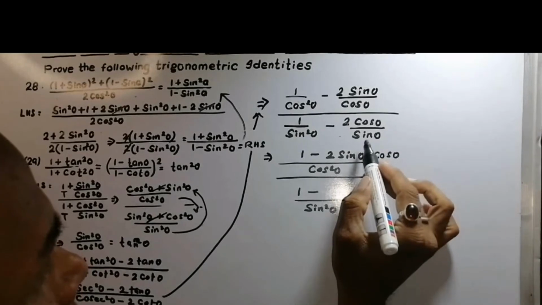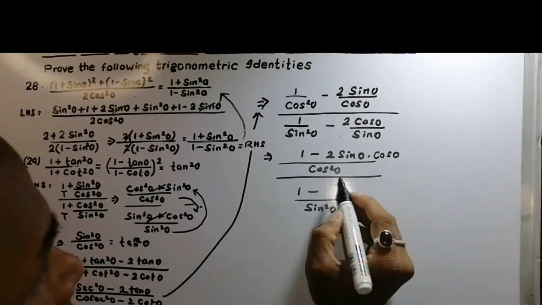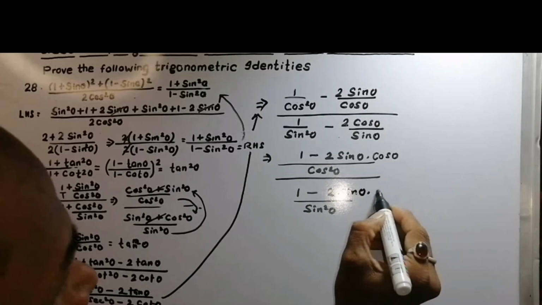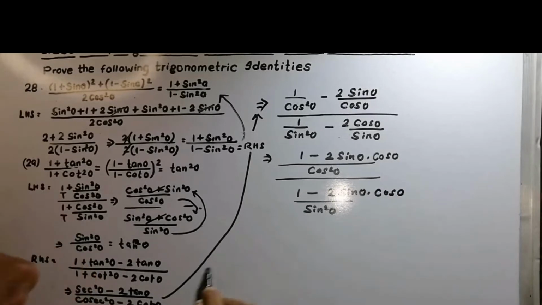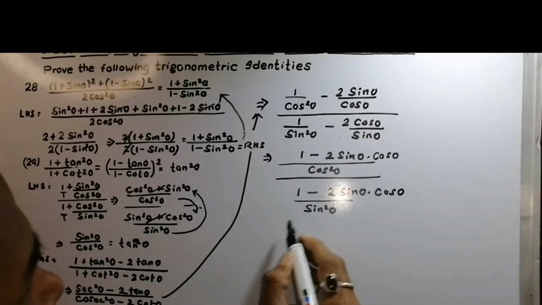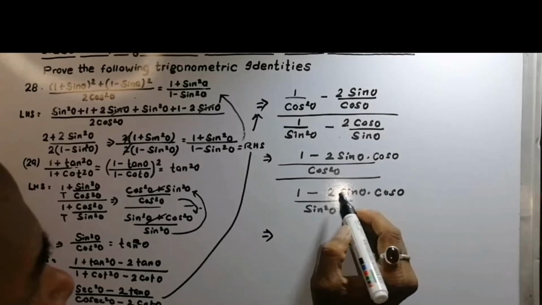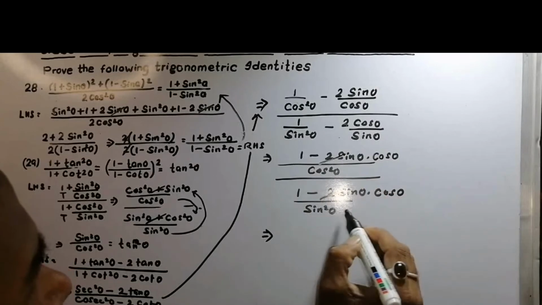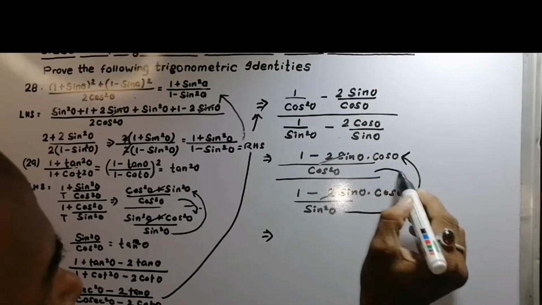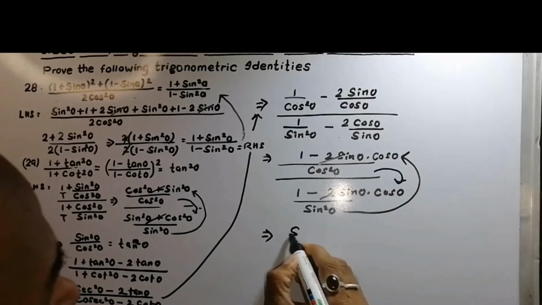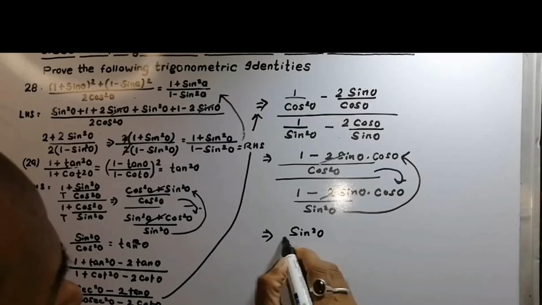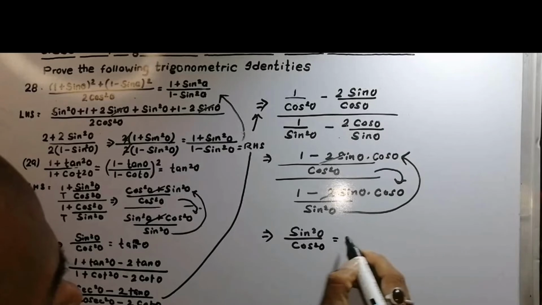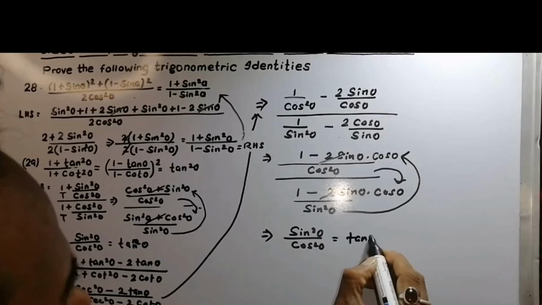Sin square theta divided by sin theta, we get sin theta, so we write 2 sin theta into cos theta. So in the next step, 1 minus 2 sin theta cos theta divided by this, and if this goes upside and this goes downside, we can write sin square theta upon cos square theta, which again equals tan square theta.